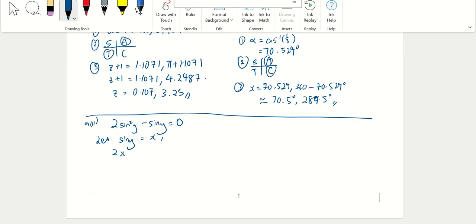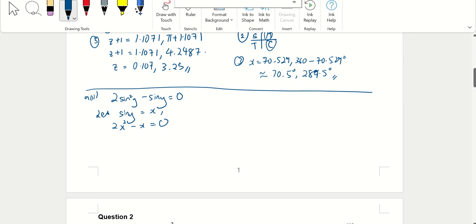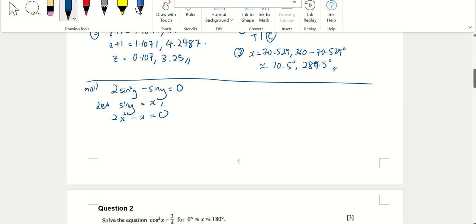So the equation will look like 2x squared minus x equals 0. You can see that there's a common factor of x. So let's take out the common factor x. So it's x times (2x minus 1) equals 0, so x equals 0 or 2x minus 1 equals 0.